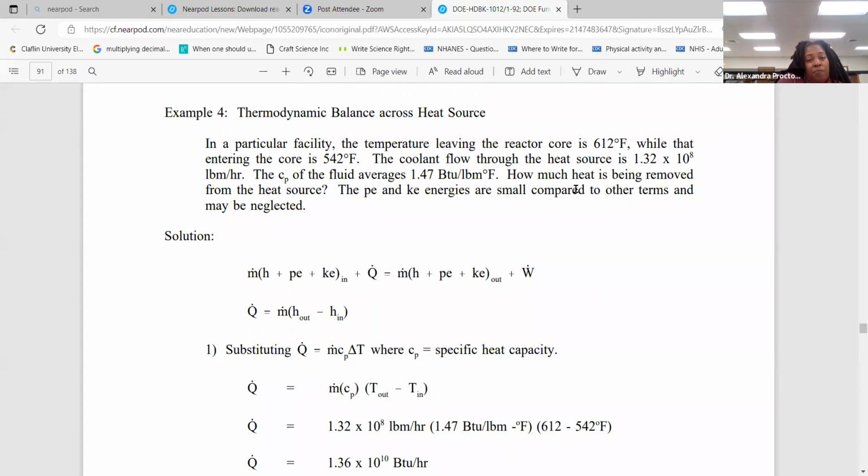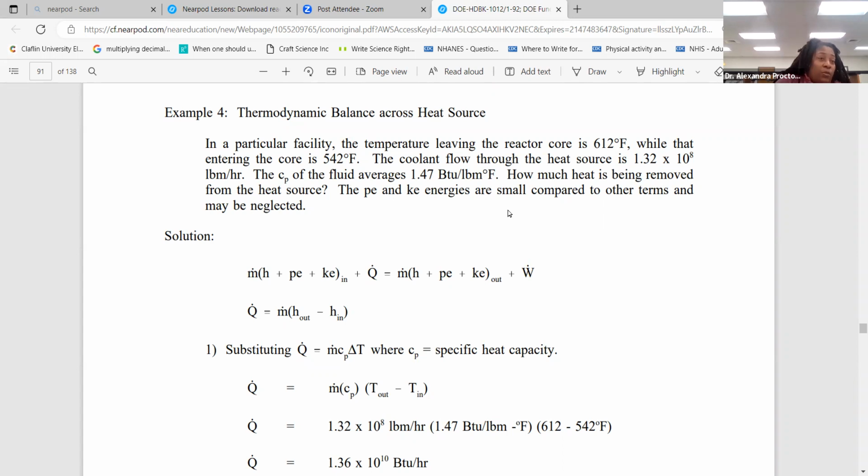Coolant flow through the heat source is 1.32 times 10 to the 8th pounds mass per hour, and the specific heat of the fluid is 1.47 BTU per pound mass degree Fahrenheit. So how much heat is being removed from the heat source? Potential energy and kinetic energy are small compared to the other terms, and so they are neglected.